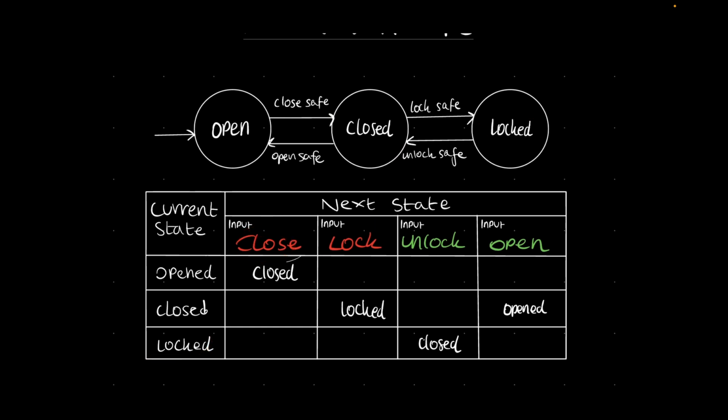we have to leave that as an X or just blank, because there is no way for the input to be close from locked, because if we have locked, there is no available option here for close. And it's the same thing for closed and close. If we have the input of close and the current state of closed, it cannot be.